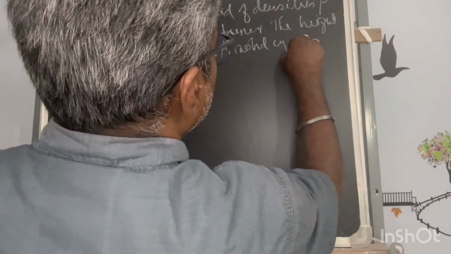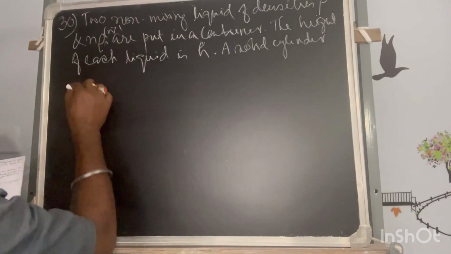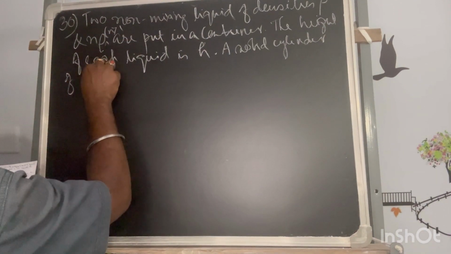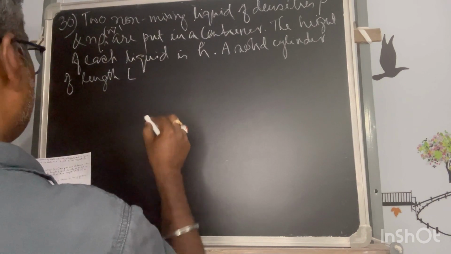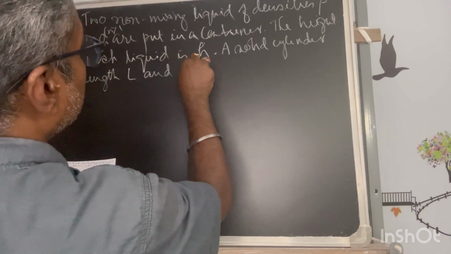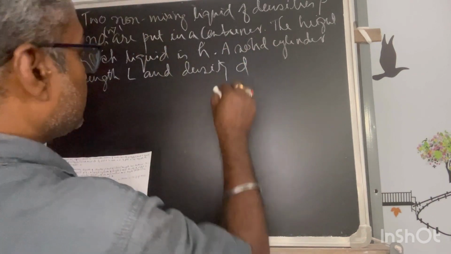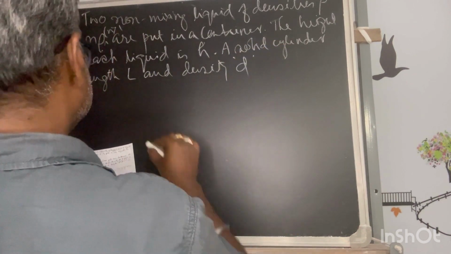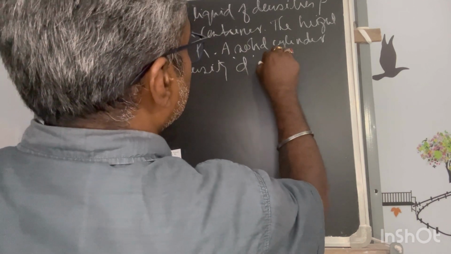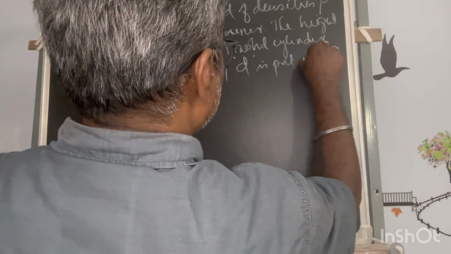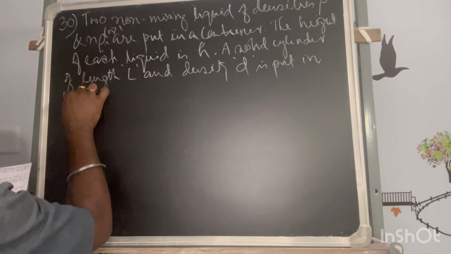A solid cylinder of length L and density D is put in this container.